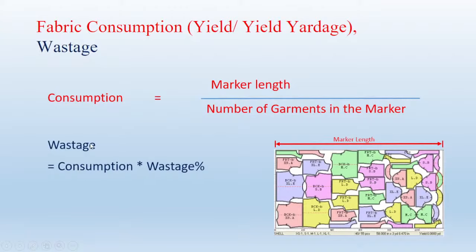So from the fabric consumption we have to multiply by the wastage percent, 3%, 2%, or 4%. Likewise, it's decided by the factory. So you get consumption plus wastage. And fabric cost can be calculated using a formula.